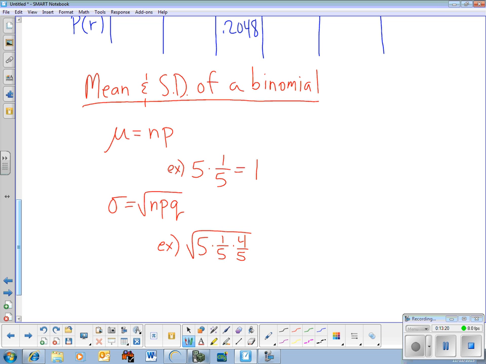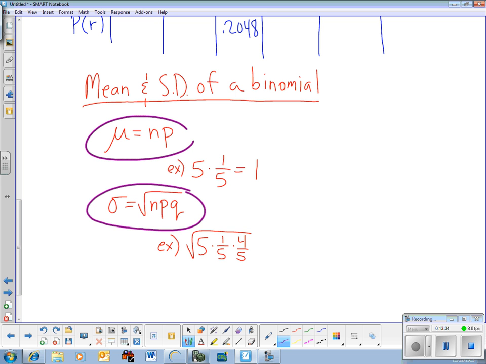Square root of NPQ. Still easy. Doesn't quite mean as in the real world what the mean does, but we should be used to that with standard deviation. So these are the mean and standard deviation of binomial. Make sure that you have those written down. A lot easier than that big chart full of all our steps to find the mean and standard deviation of a regular random variable if it's not binomial.